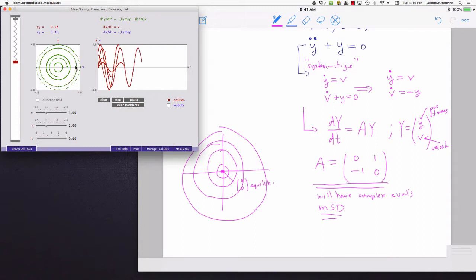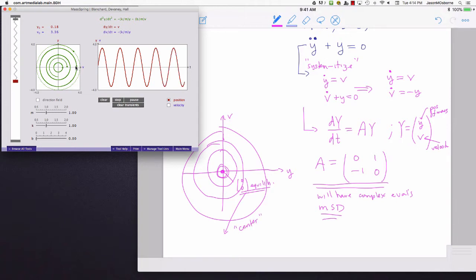So we get all these circles in the position and velocity phase plane. A new word that will appear in this section is that when you have complex eigenvalues and you get circles in the phase plane, that indicates that 0, 0 is what is called a center.